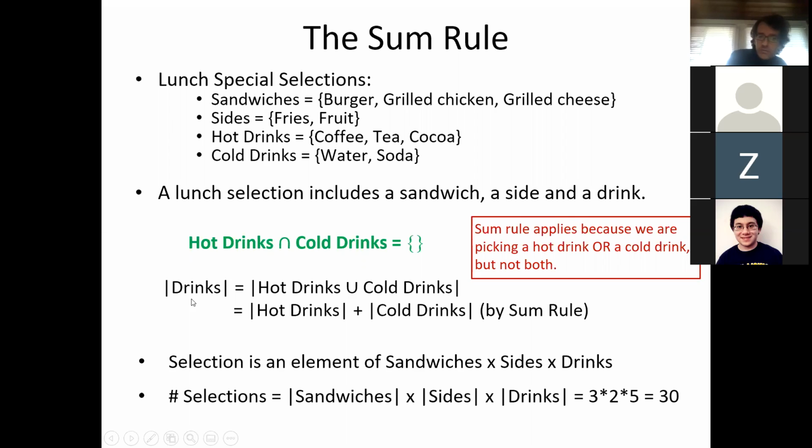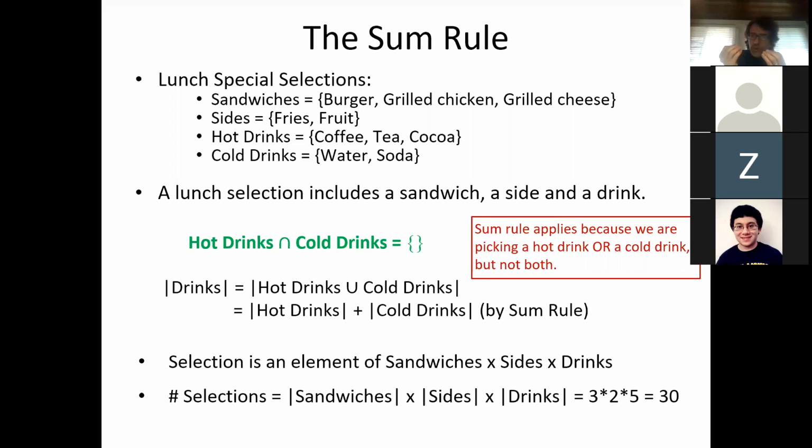And of course, once you make it by the sum rule, the picture is as before. It's as if you make a tree of choices: sandwiches, 3 choices; now sides, 2 choices; and now drinks. For the drinks, you can split your choice into hot drink or cold drink, but it's on the same level. It's the same decision. You cannot make both. You don't make them sequentially, first choosing a hot drink and then a cold drink.